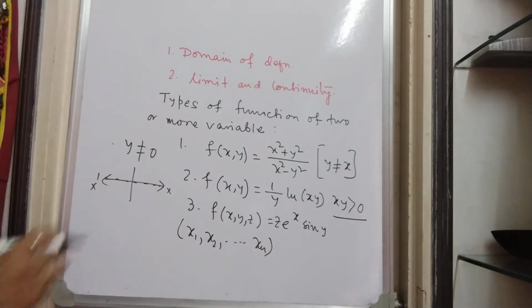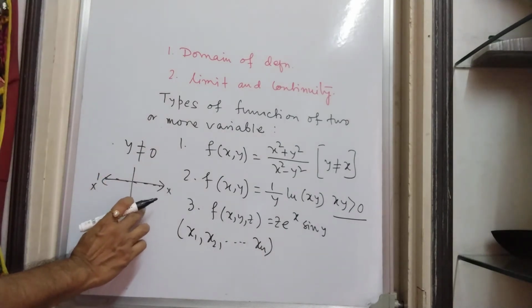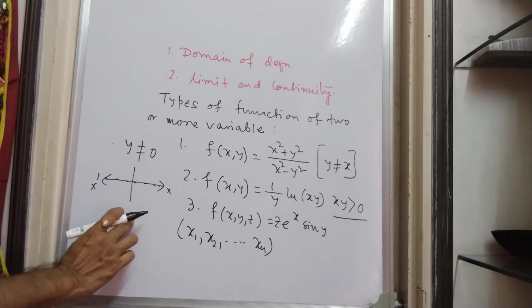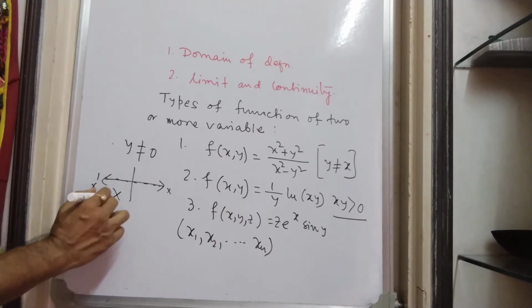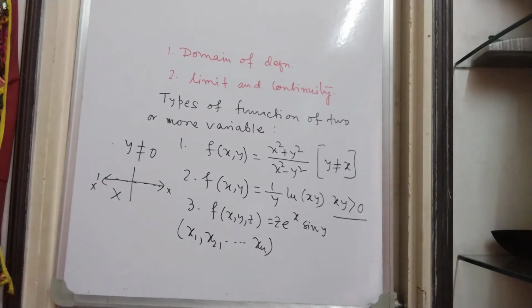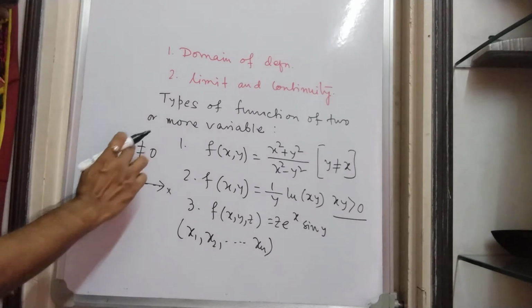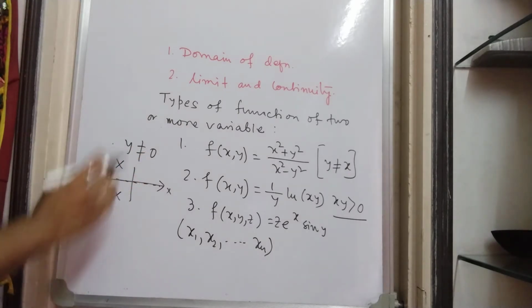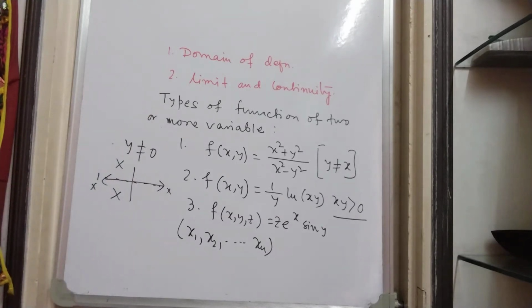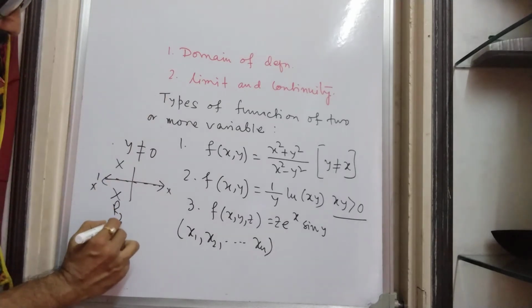That means whenever we have y negative, we cannot have x negative. So this plane is not considered. And similarly, whenever y is positive, we cannot take x negative. So all this side is cut out from R2.